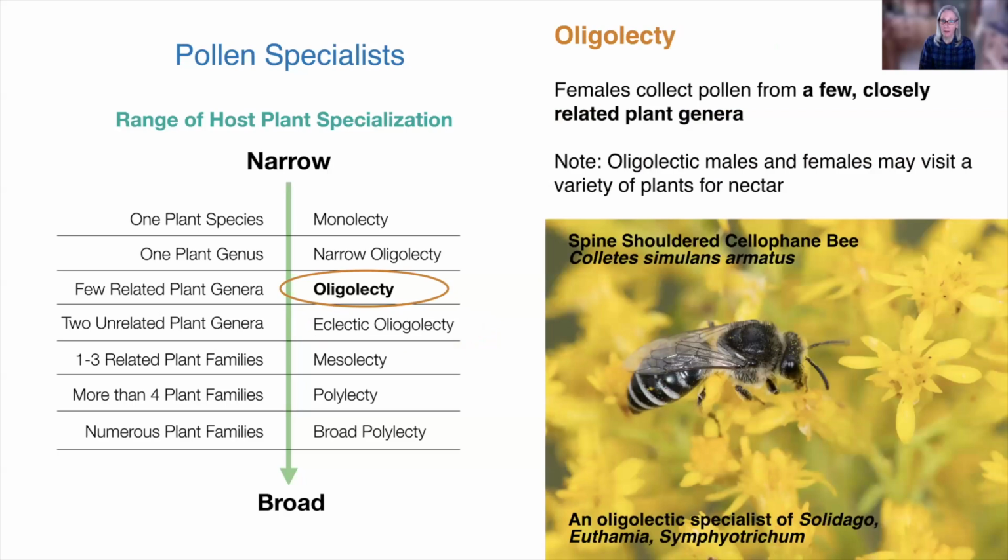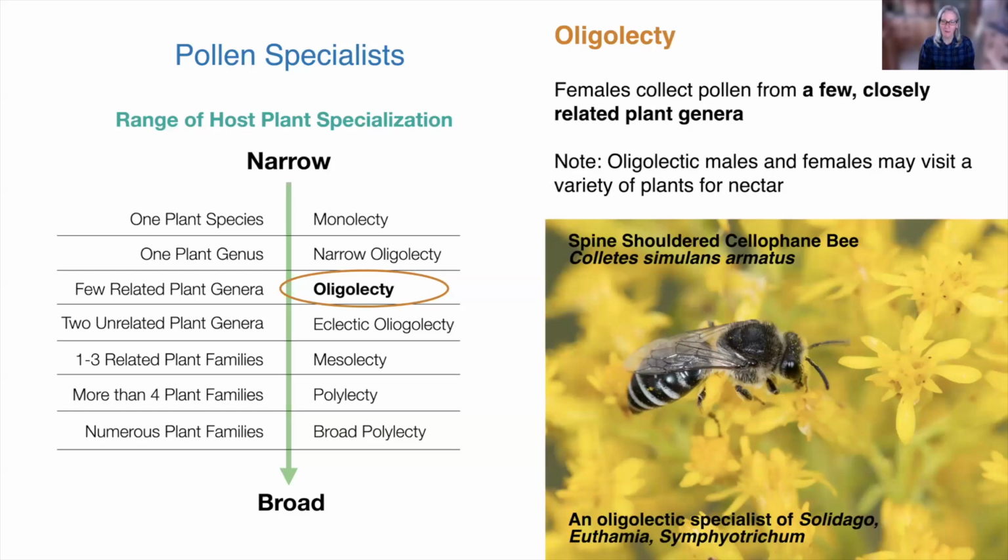The most common category, however, is the oligolectic bees. And these bees can be quite common, and they are females that just collect pollen from a few closely related plant genera. So here's an example on the slide, the spine-shouldered cellophane bee. This female is active in late summer, early autumn, and she is a specialist of our goldenrod and aster genera.